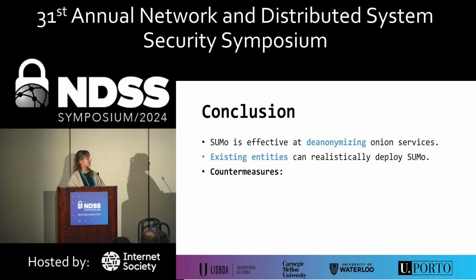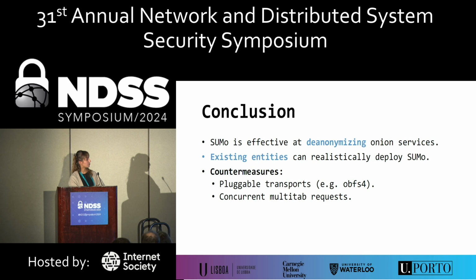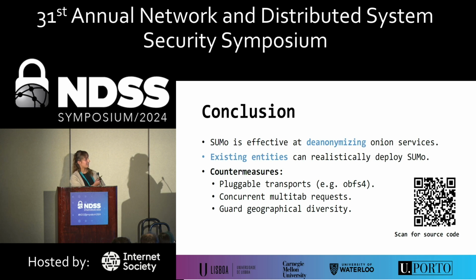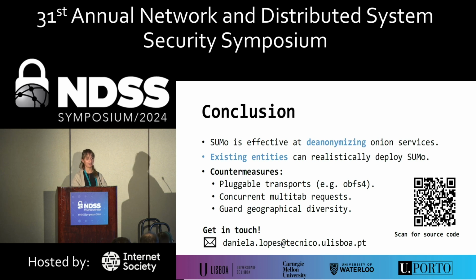So we highlight the importance of applying and improving existing countermeasures, such as using pluggable transports, which will change the patterns in the traffic, applying concurrent multi-tab requests at the client side, and ensuring guard geographical diversity so that both guard nodes will not be in the same set of colluding countries. This is the QR code for the source code and datasets also. Feel free to contact me at the email on the slide, and thank you for watching this presentation.